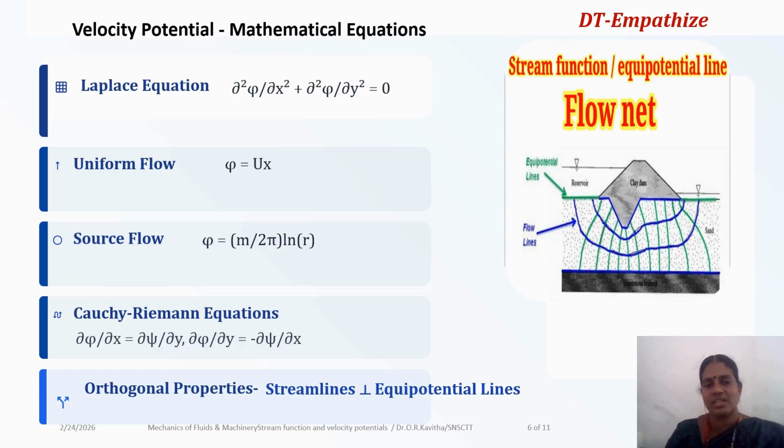The next one is the mathematical equations involved in the flow, which is the Laplace equation. We already discussed it: ∂²φ/∂x² plus ∂²φ/∂y² equals 0. This is the Laplace equation. For uniform flow, φ will be Ux, and for source flow, φ will be m/2π times the logarithm of r.